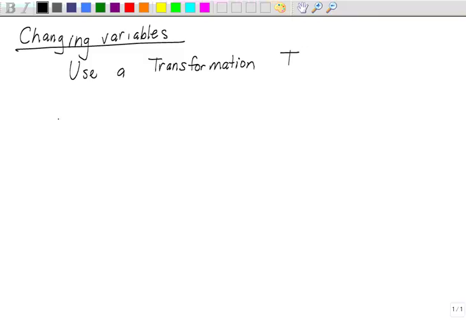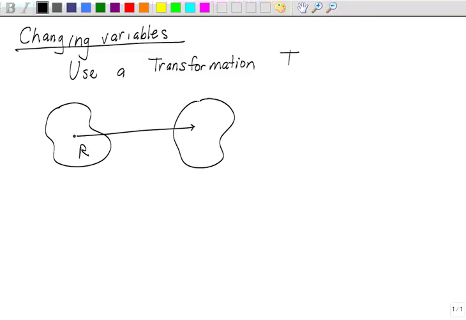What it's going to do is allow us to go from one region, say R, to another region, S. And hopefully the second region is going to be easier to integrate over.